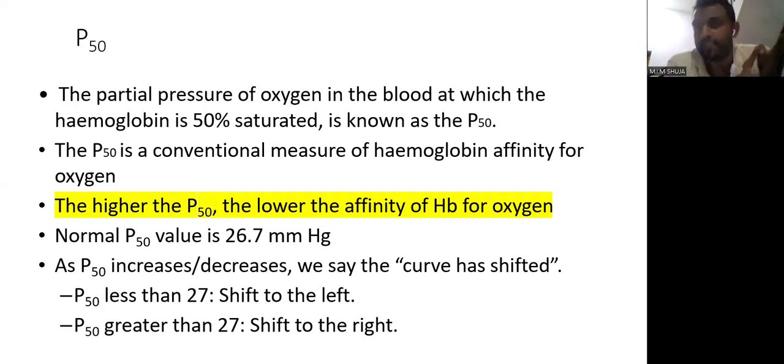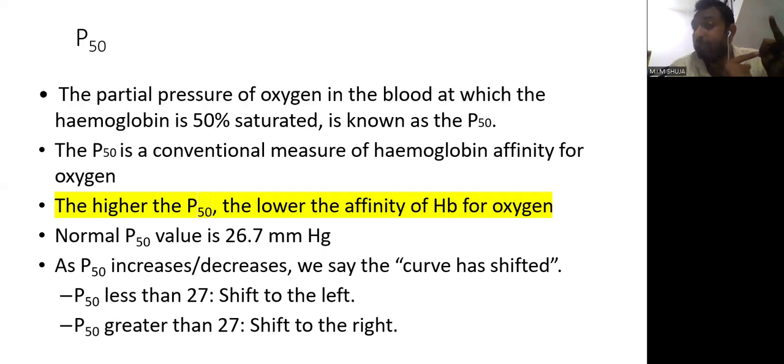Now listen very carefully, this is an MCQ point. When P50 is less than 27, P50 is low, so affinity of the hemoglobin is high. So oxygen is bound to the hemoglobin more. The release of oxygen is low. Okay. When P50 is greater than 27, the affinity is low.